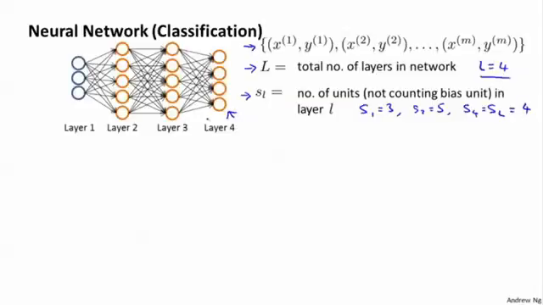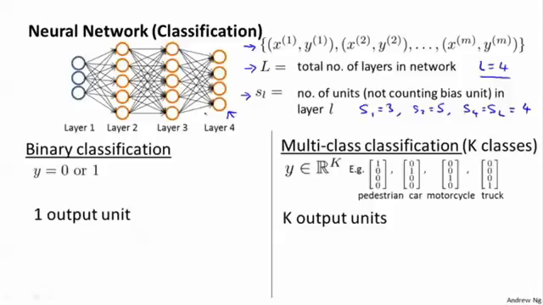We're going to consider two types of classification problems. The first is binary classification, where the labels y are either 0 or 1. In this case, we would have one output unit. So this neural network on top has 4 output units, but if we had binary classification, we would have only one output unit that computes h of x. The output of the neural network, h of x, is going to be a real number.